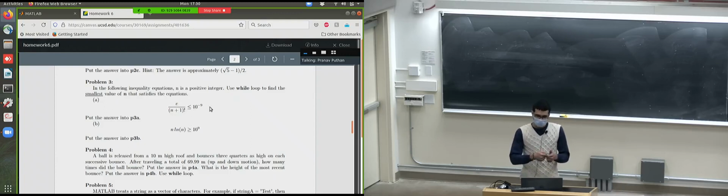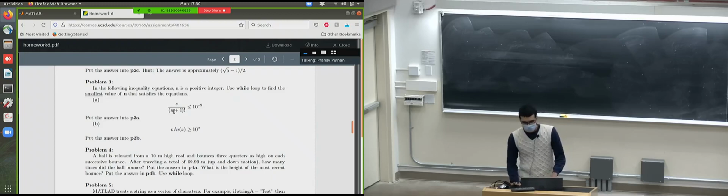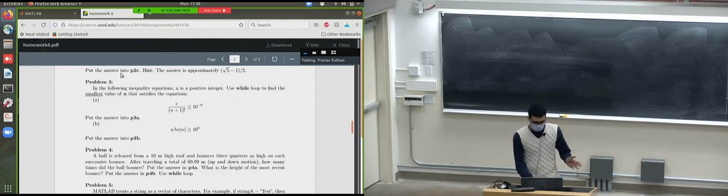So you need to start with a value of n which is really small, in this case 1, and then keep increasing the value of n until you reach a point where e divided by n plus 1 factorial is less than 10 to the minus 9. This is where a lot of confusion happens. We need to execute this statement until this condition is not met.